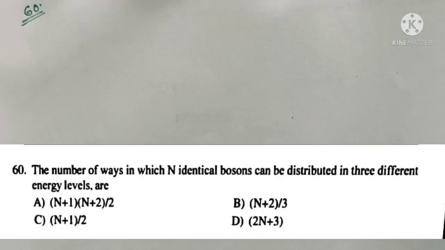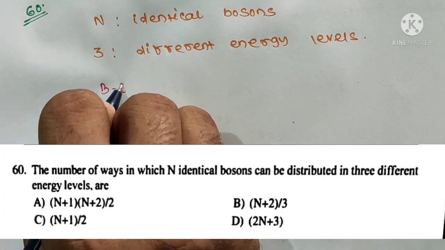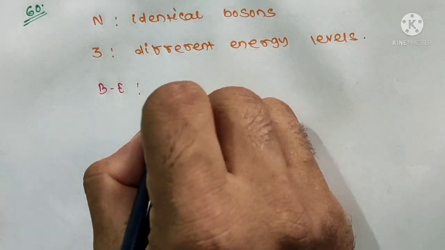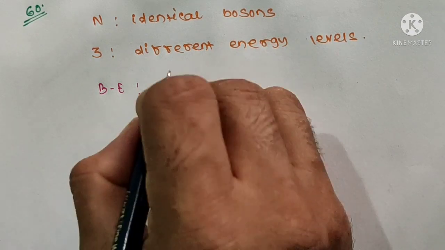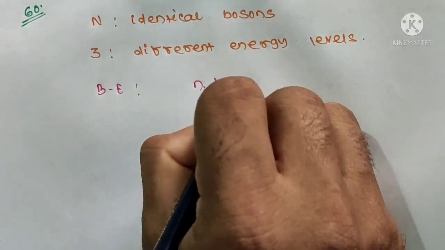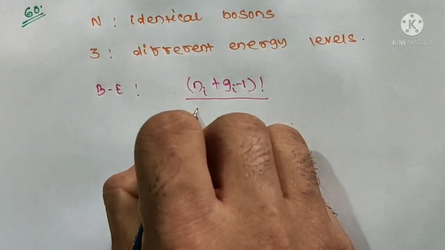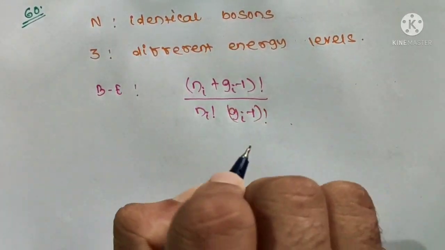Question number 60. The number of ways in which n identical bosons can be distributed in three different energy levels are. From Bose-Einstein distribution we know the bosons can be distributed in ni plus gi minus 1 factorial over ni factorial gi minus 1 factorial ways.